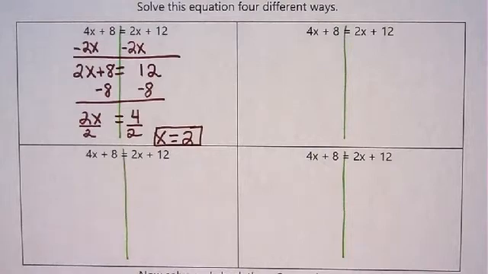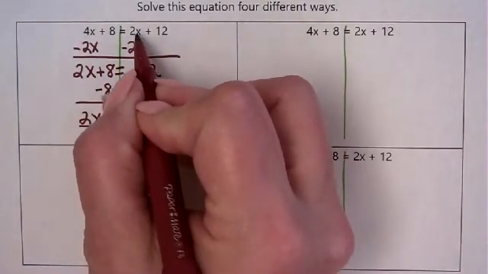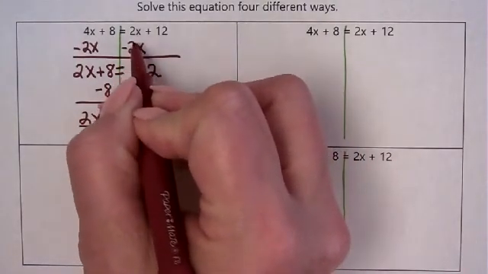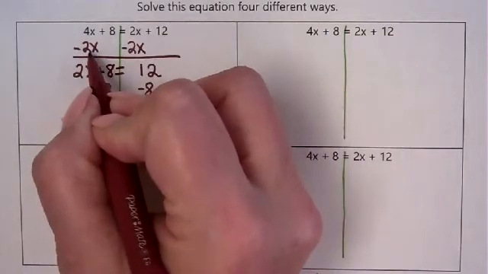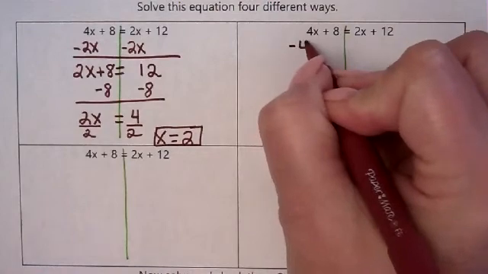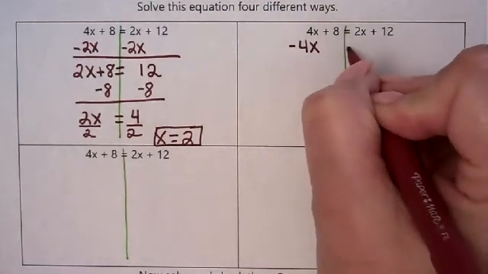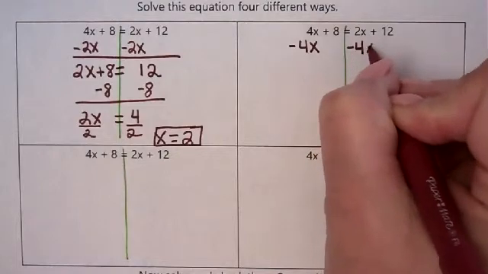Okay. Let's talk about a second way to work it. And I'm still going to think about my x's in this one. Right here, I put the 2x, I moved it from the right side over to the left side. Okay. But what would have happened if I'd wanted to move the 4x from the left side to the right side?